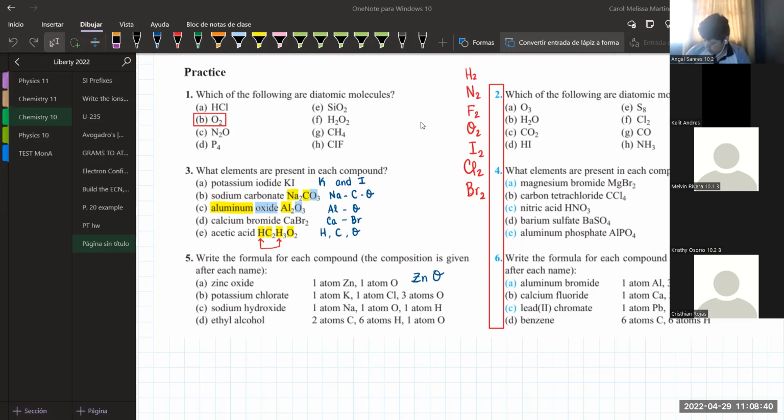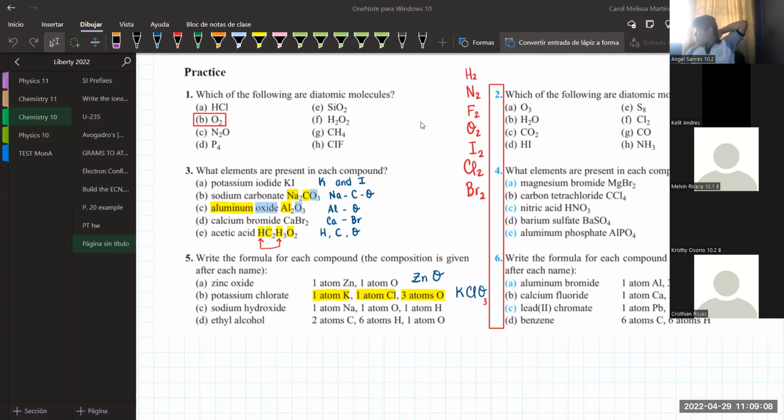In the second, it says potassium chloride, and they are giving you 1 atom of potassium, 1 of chlorine, and 3 of oxygen. So you're going to write potassium, chlorine, and oxygen. It says 1, 1, and 3, but the ones are invisible. So that is going to be the chemical formula for potassium chloride.